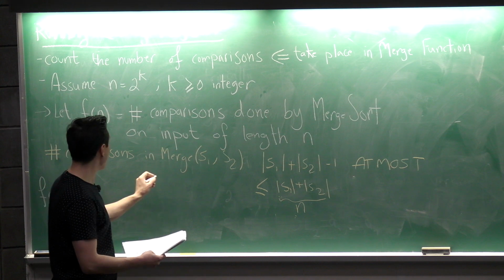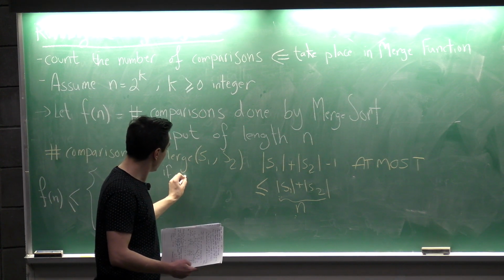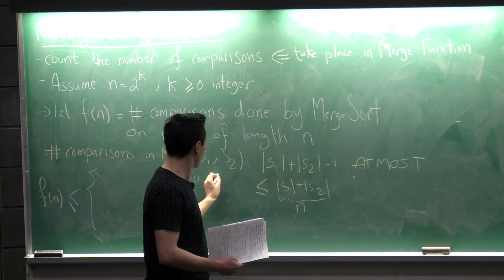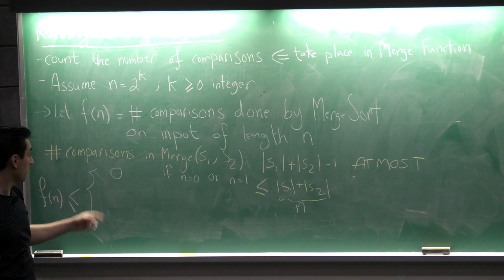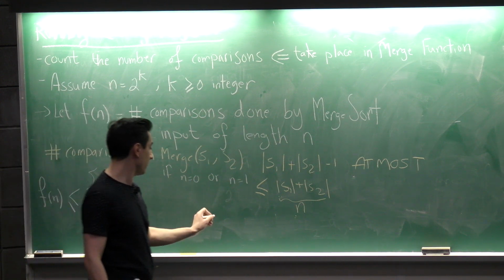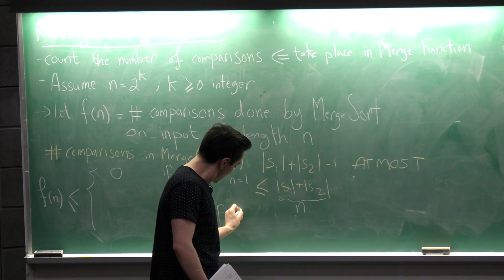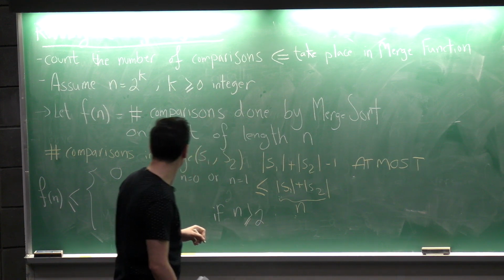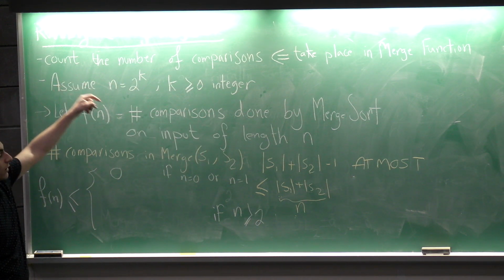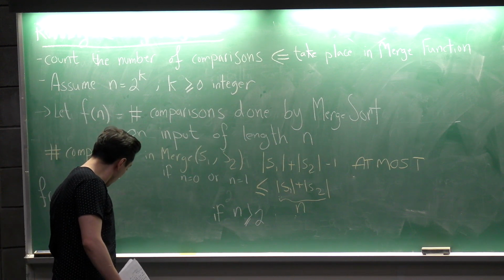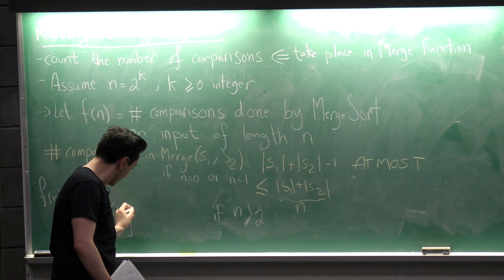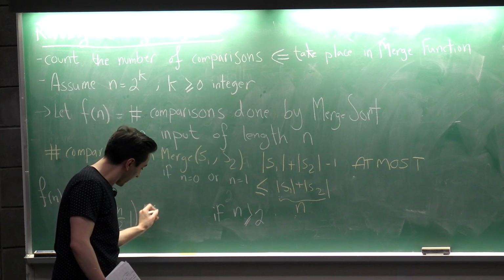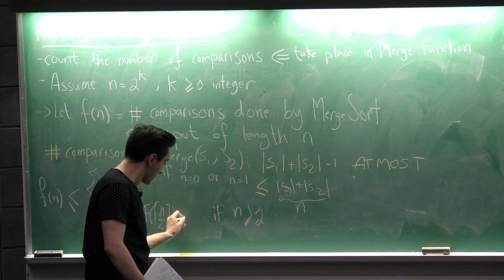If we have the base case, if n equals 0 or n equals 1, we make 0 comparisons, right? But if n is bigger or equal than 2, then we're going to call MergeSort on the first part, which is f of n over 2 floor plus f of n over 2 ceiling plus n.